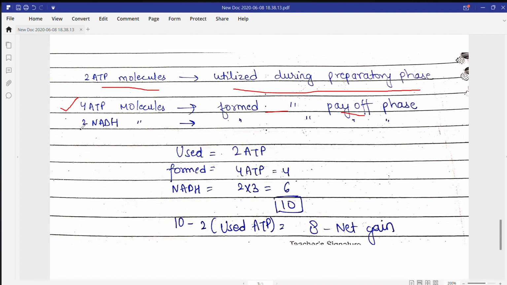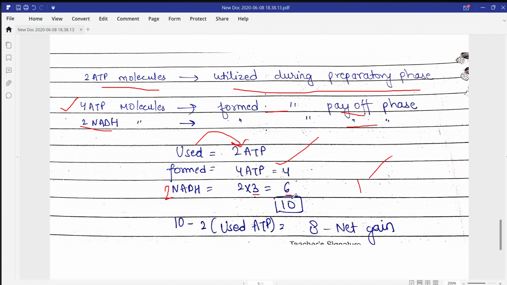Likewise, 2 NADH are also formed during the payoff phase. 1 NADH can form 3 ATP molecules. Here we have 2 NADH, so the total number of ATP will be 6.